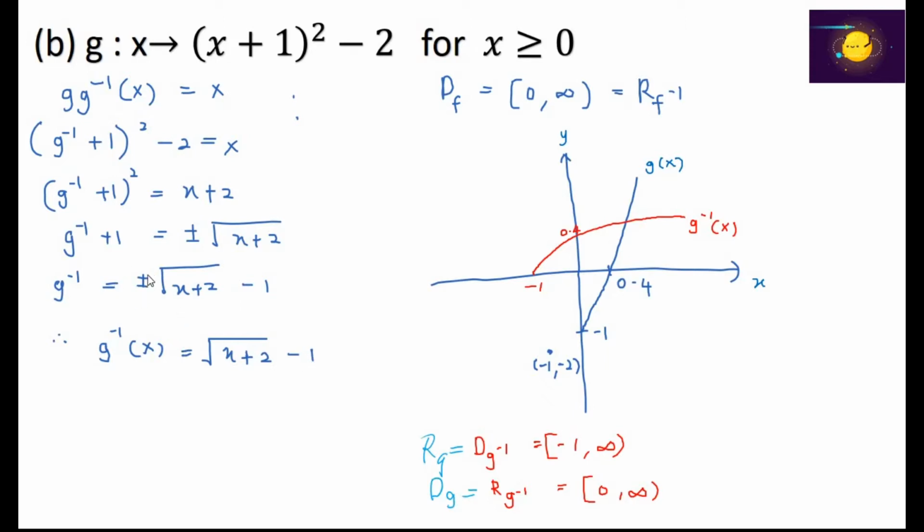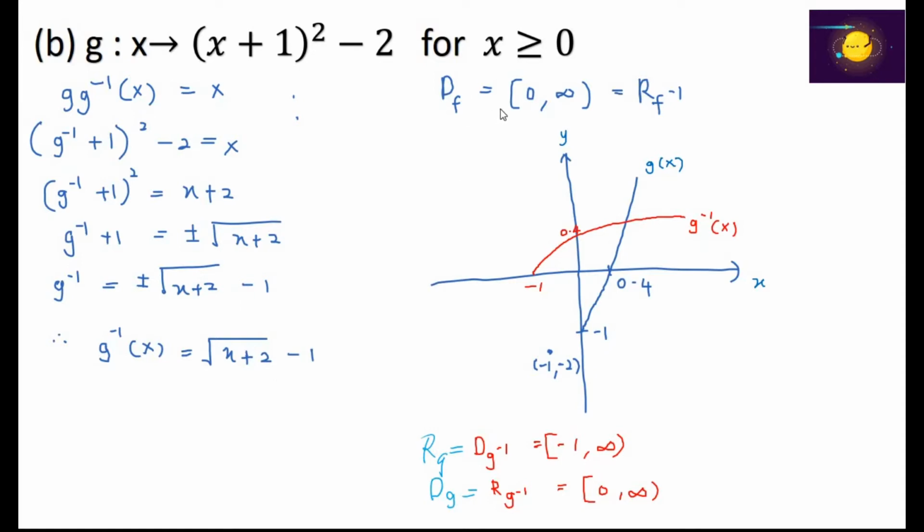So where did the negative sign go? It's because in the first place we limit x to only greater than or equal to 0. So that's why g inverse only has the positive sign: positive square root of x plus 2, minus 1.